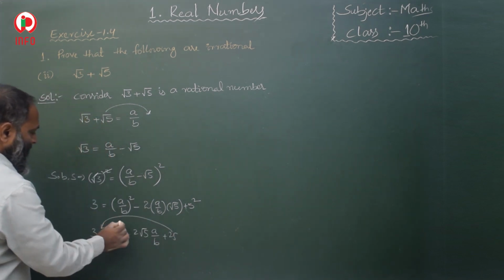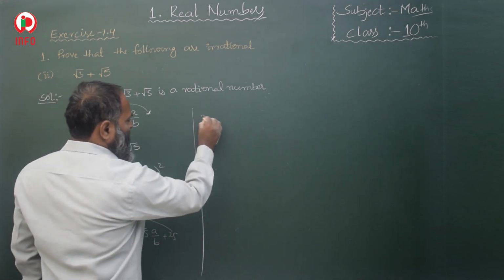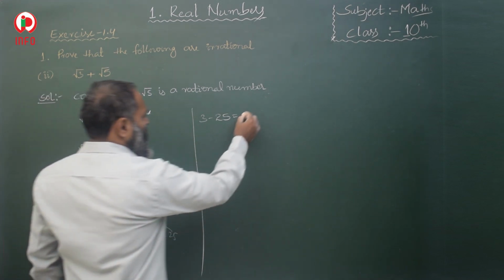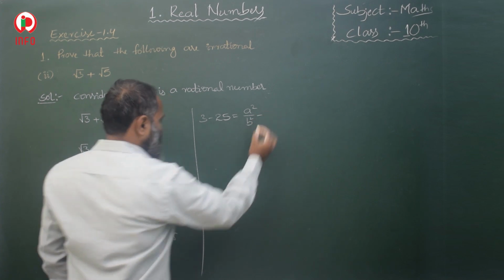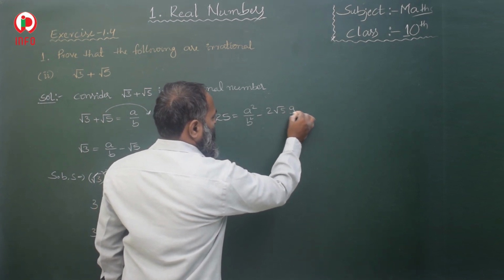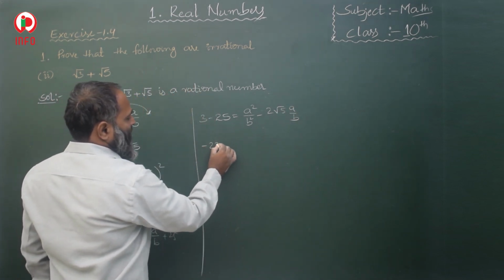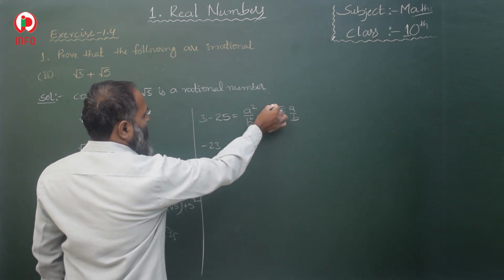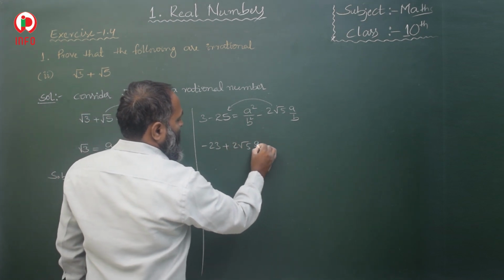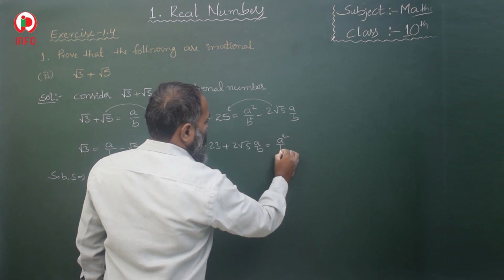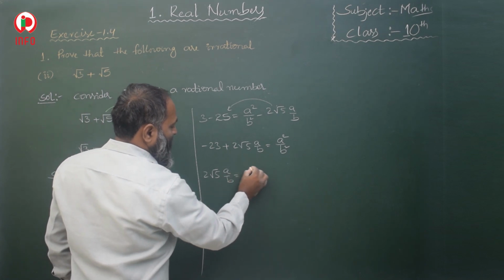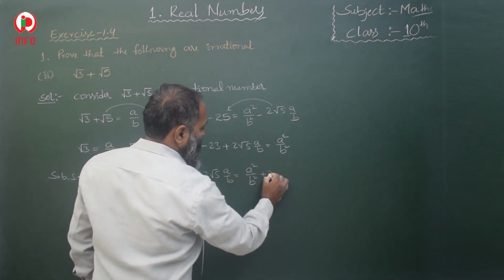Now transpose 25 here, you will get 3 minus 25 is equal to a square by b square minus 2 root 5 a by b. Now this is minus 23. If you transpose, then 2 root 5 a by b is equal to a square by b square plus 23.